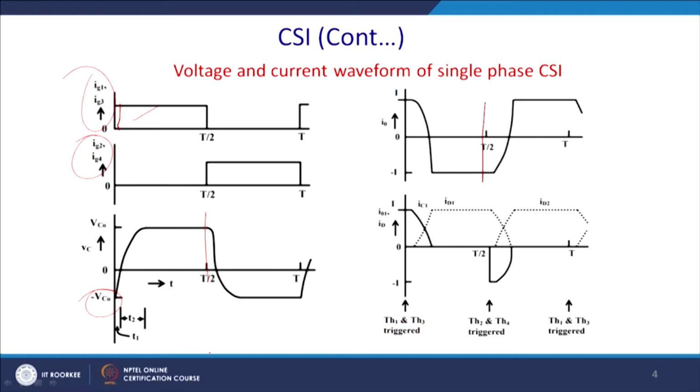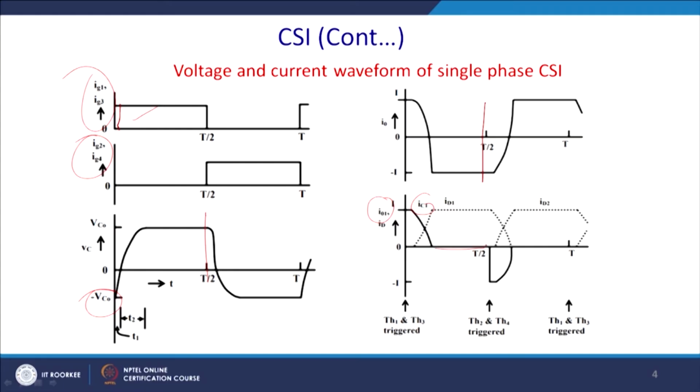It will continue to do that, and ultimately the load current will have a little charging and discharging profile. And this is the IA1 and the diode. This is the current IC1, that is the capacitor current, and it will be 0.